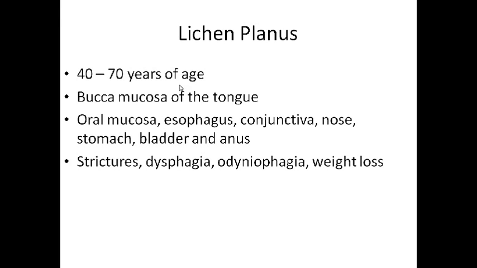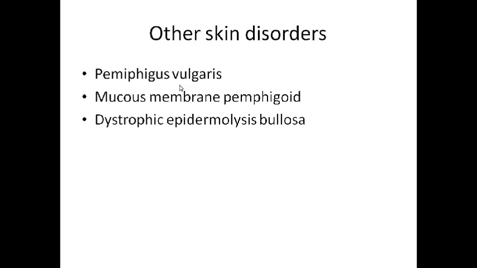So the oral mucosa, the esophagus, conjunctiva, nose, stomach, bladder, anus can have not only some scar tissue, but kind of the whiteness that we usually see with lichen planus. So again, the symptoms that we'll have is strictures, dysphagia, painful swallowing, weight loss with this.